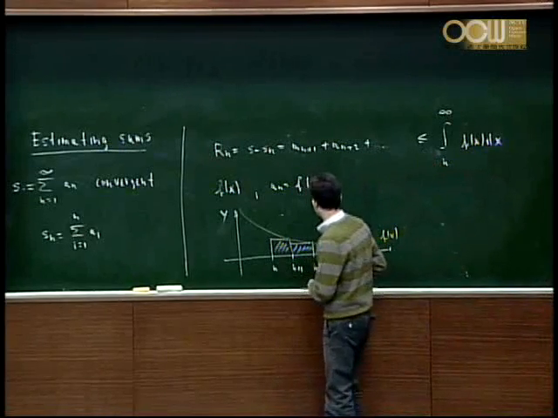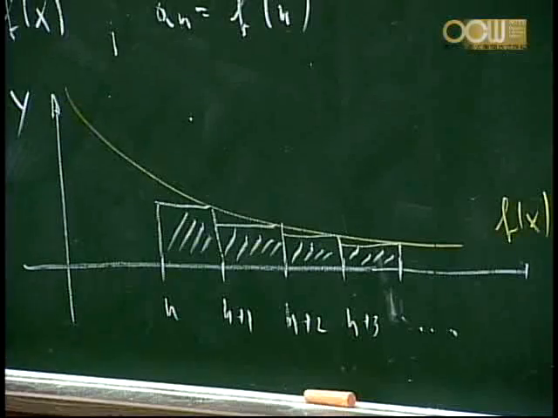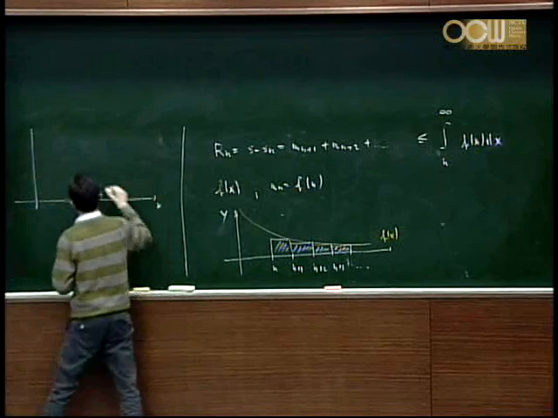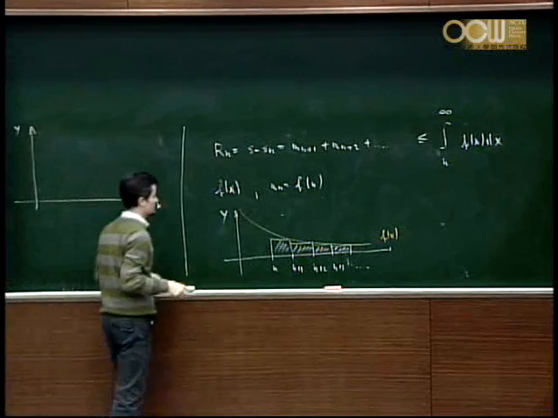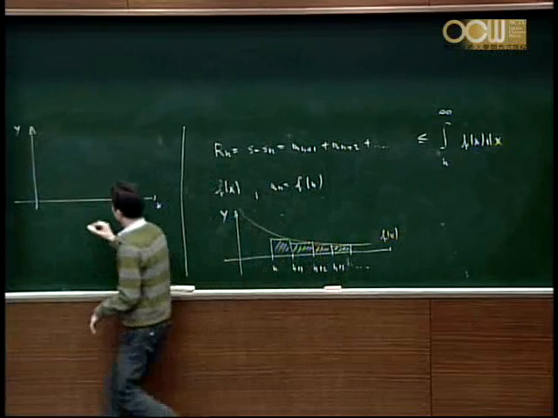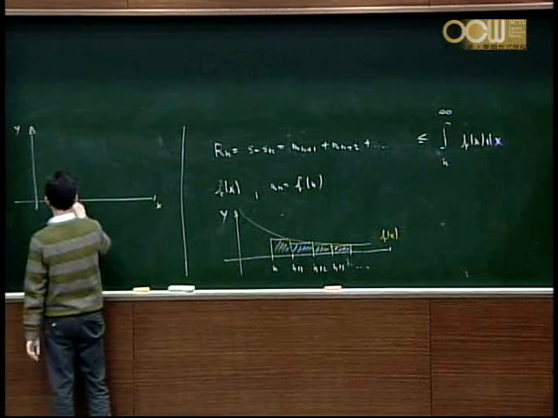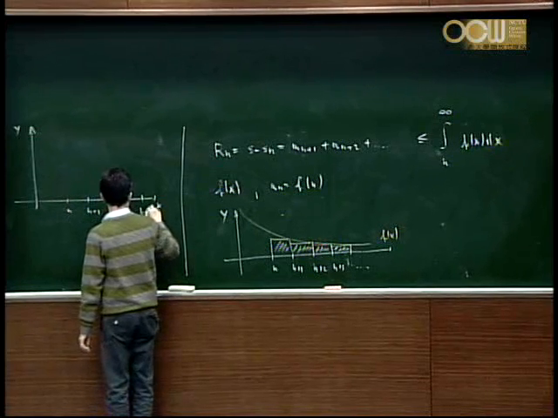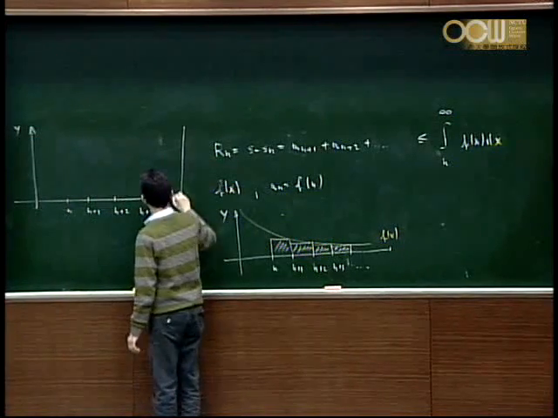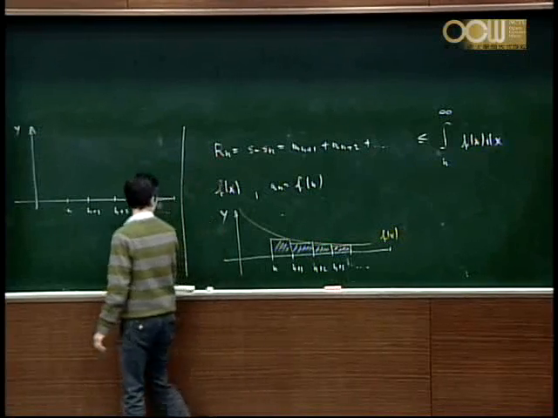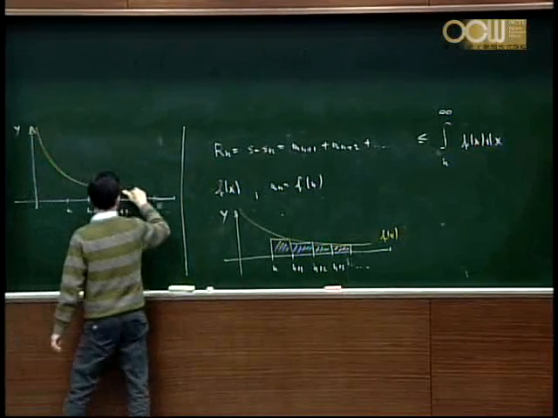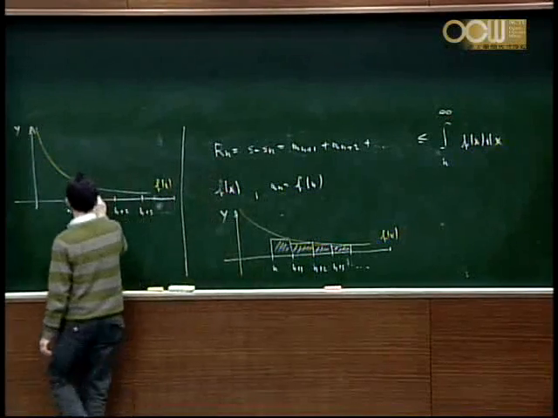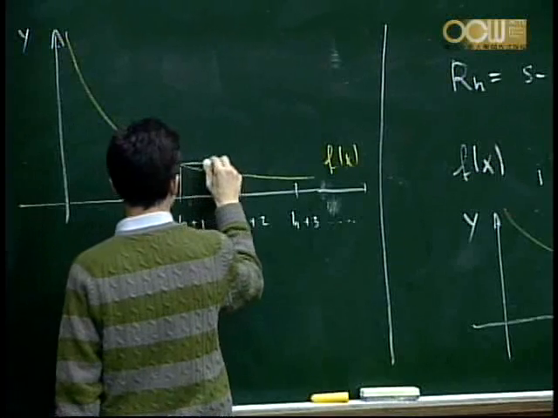What we need as well is a lower bound. For the lower bound, we look at a similar picture, only we draw the rectangles in the other direction. Again, let's say this is n, this is n plus 1, this is n plus 2, this is n plus 3, and we go on like this. We have our function f of x, and we draw the rectangles in the other direction, which of course gives us the same sum.